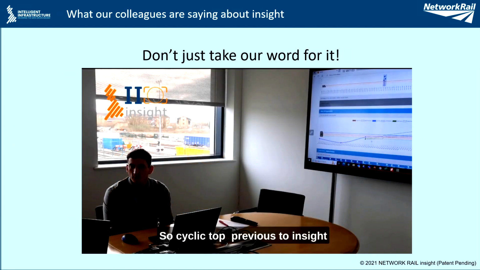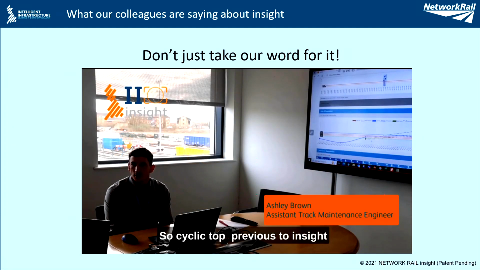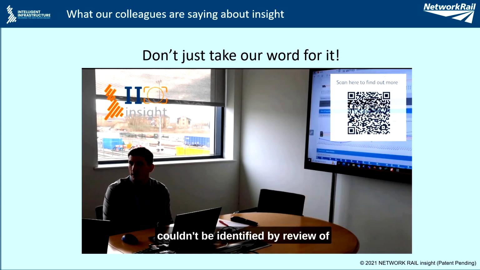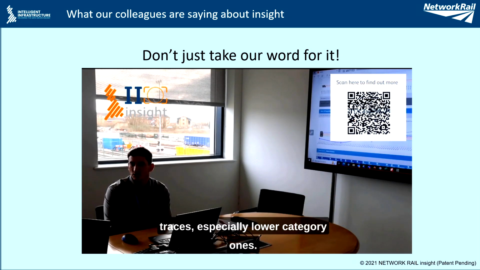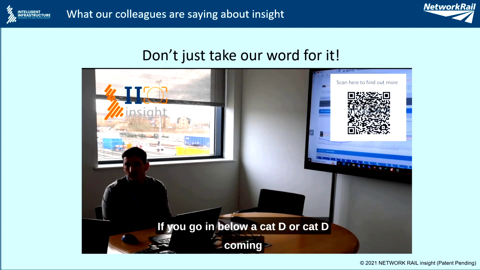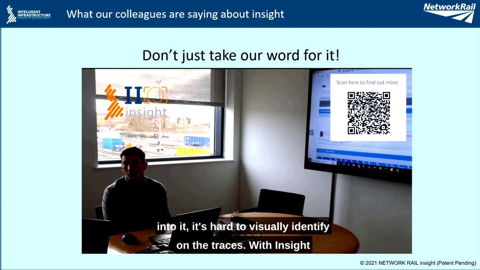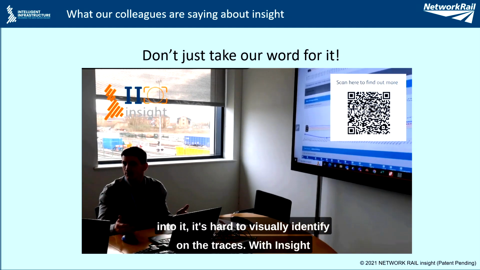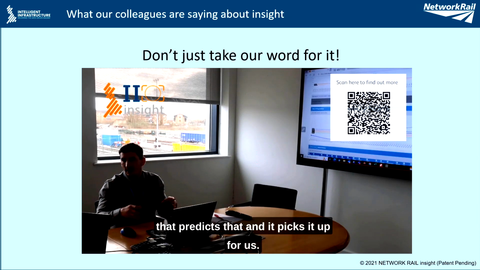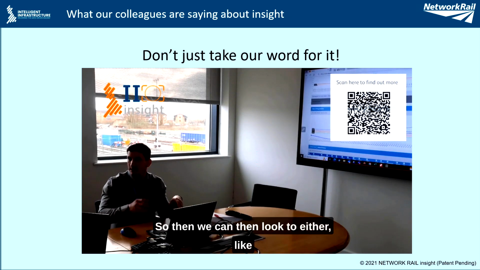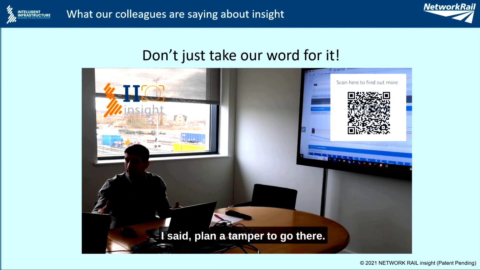Cyclic top, previous to Insight, couldn't be identified by review of traces, especially lower category ones. If you're going below a Cat D or a Cat D coming into it, it's hard to visually identify it on the traces. With Insight, that predicts that and it picks it up for us, so then we can look to either, like I said, plan a tamper to go there.